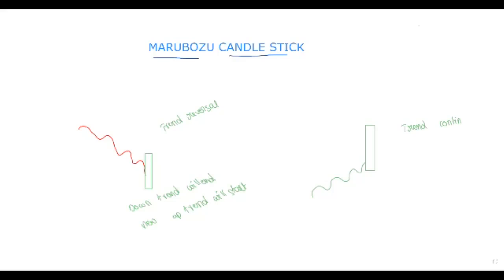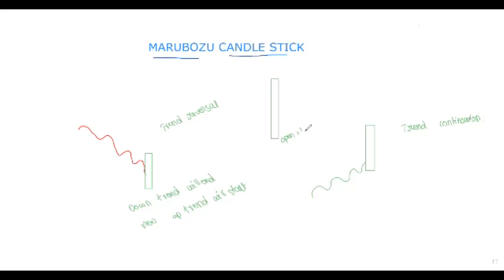The uptrend in the stock will continue further. I hope everyone is clear about what the Marubozu candlestick is. I'm repeating one more time what the Marubozu candlestick means. If it is a bullish Marubozu, the candle will open here.